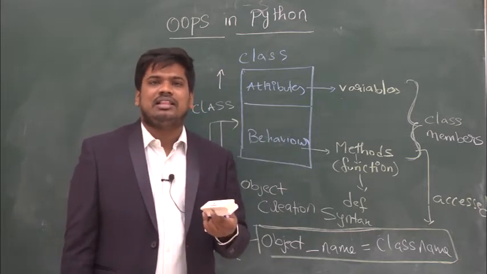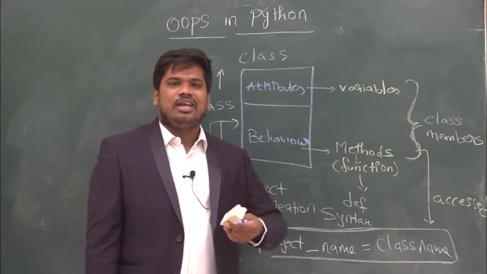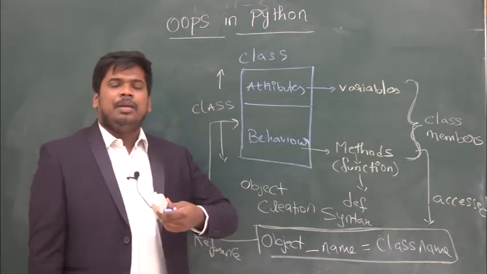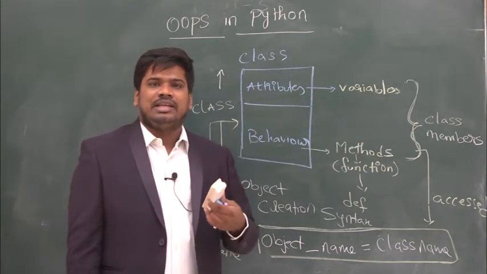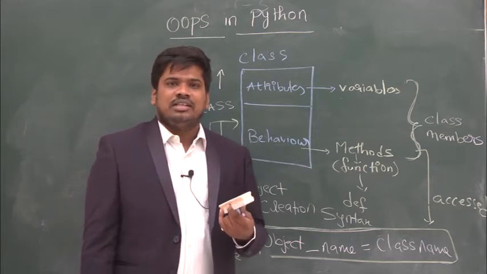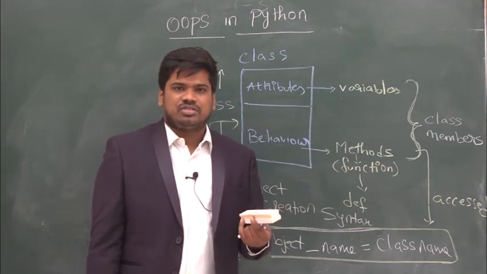All the students are nothing but objects. So in the real world, everything is an object. If I want to design a real world project, I need object oriented features. That is why we are learning object oriented features.